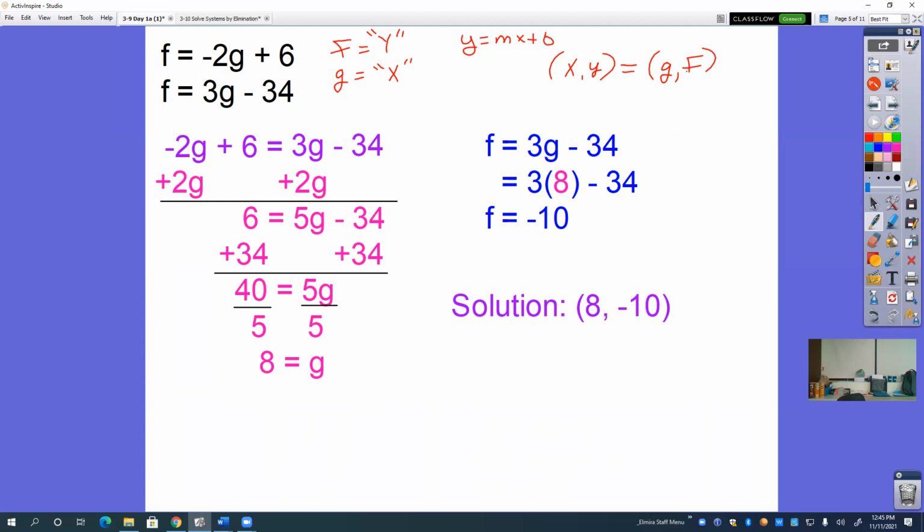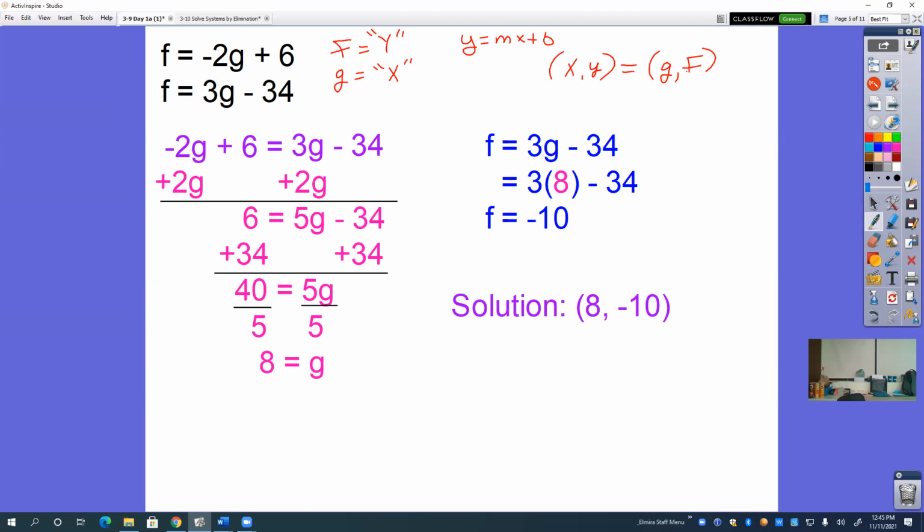You end up with 6 equals 5G minus 34. Now it's a basic two-step equation. Add 34 to both sides, you end up with 5 times G equals 40. And then cancel out the multiplication by dividing both sides by 5. G ends up equaling 8.